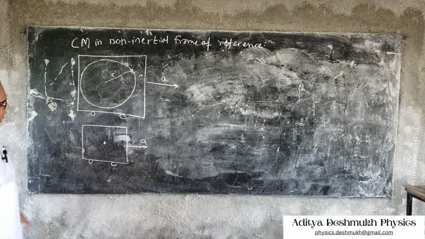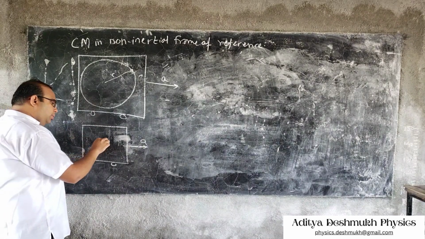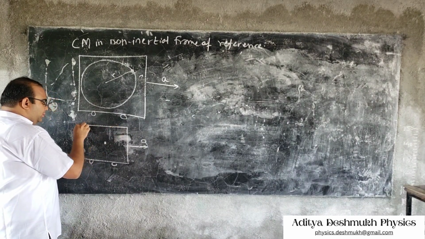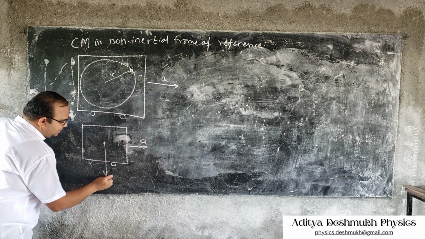If this trolley is at rest, it will be only g.